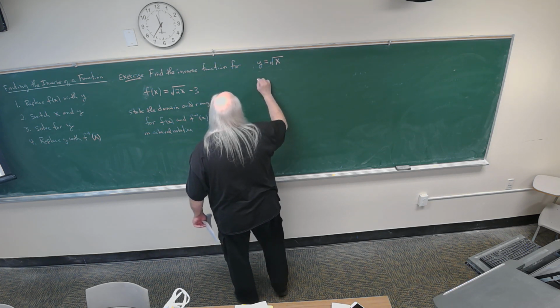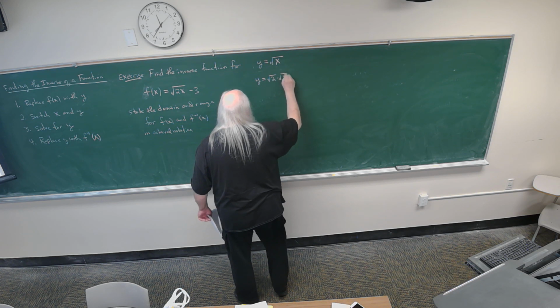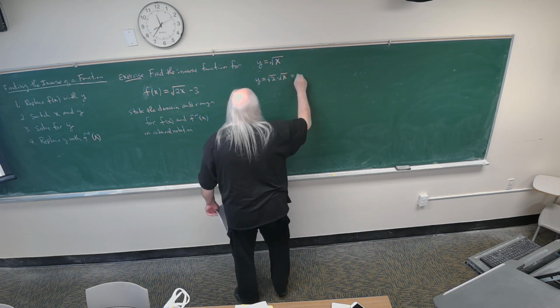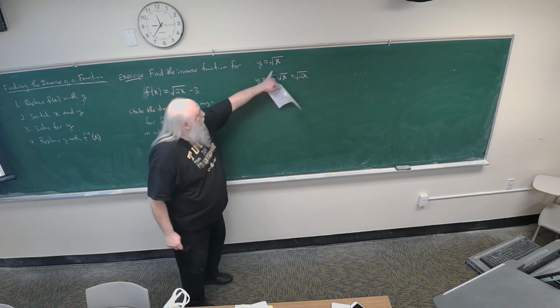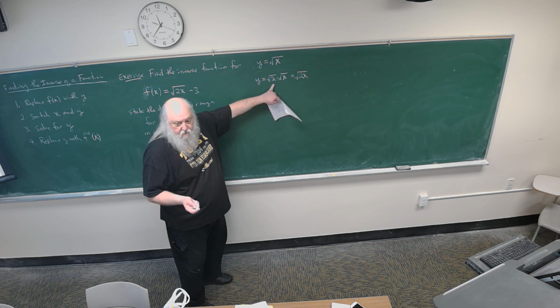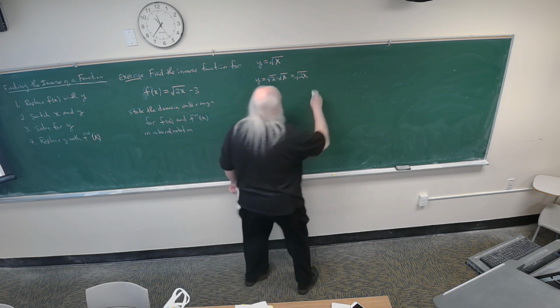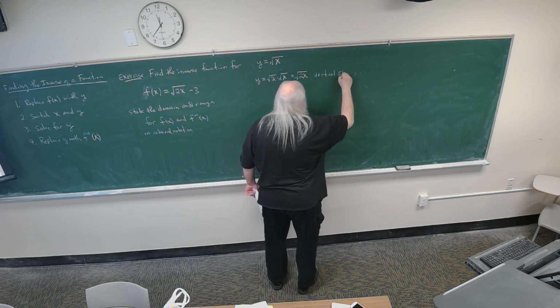If I multiply the right-hand side by square root of 2, I have y equals square root of 2 times the square root of x, which is equal to square root of 2x. That is a vertical stretch, since square root of 2 is greater than 1. So this is a vertical stretch on the square root function.